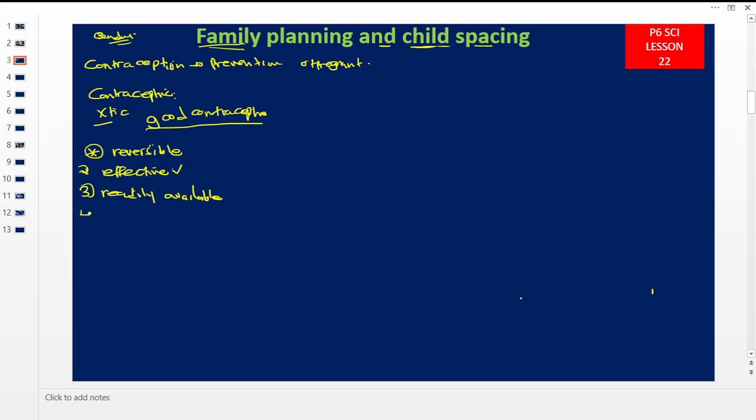Now 4, it has to be with no or less side effects. You know, some people say when you use a condom, you'll become barren, you'll get cancer, you'll become dry, you'll stop producing vaginal fluids, water, and so on. Now that is not right.